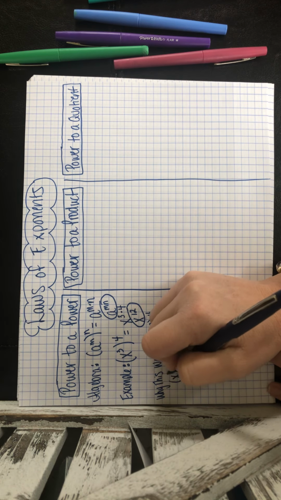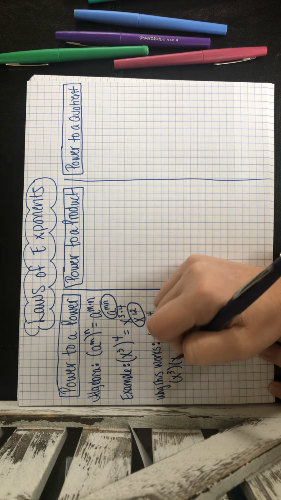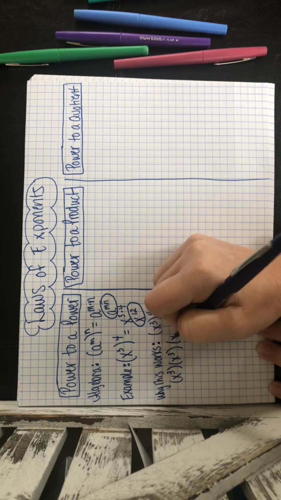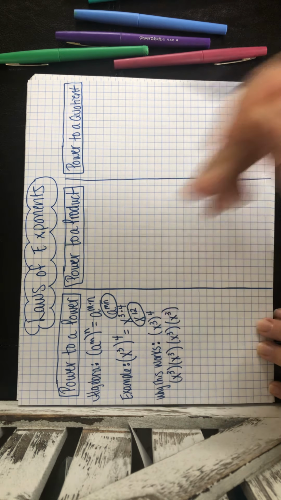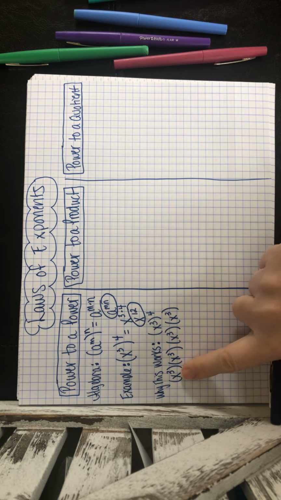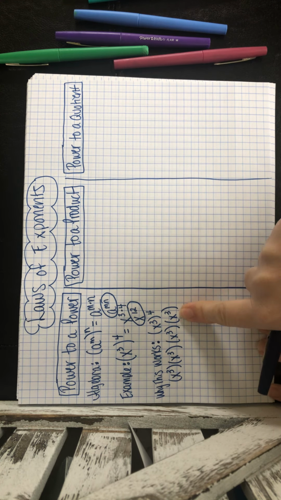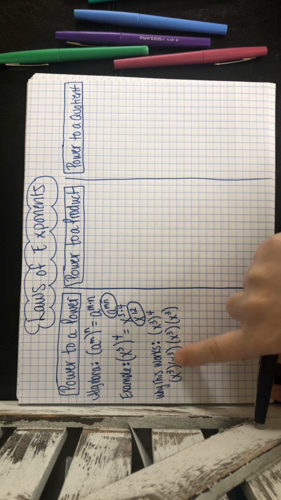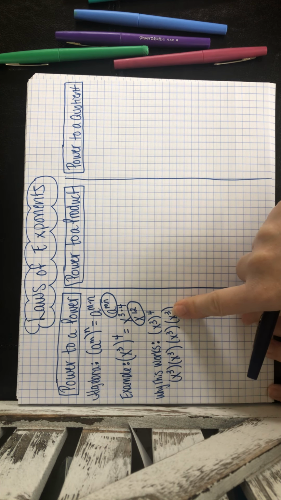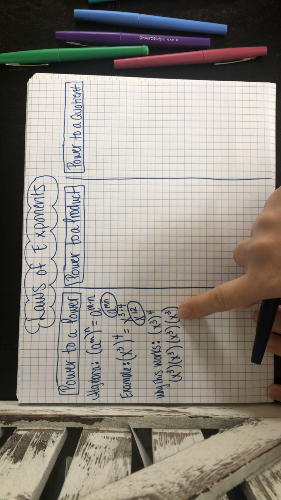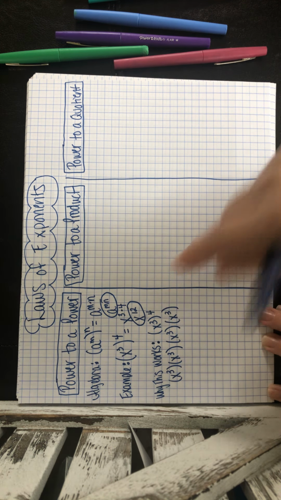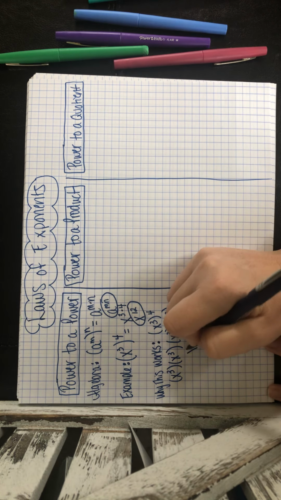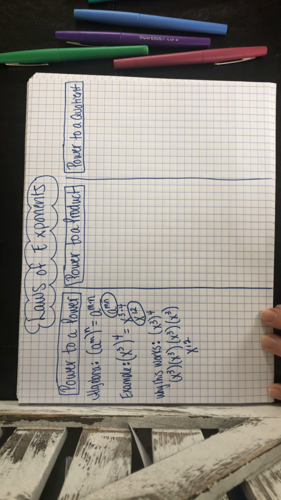So we have x to the third times x to the third times x to the third times x to the third. So remember, when you're multiplying same bases, you add your exponents together. So that's why we end up getting x to the 3, 6, 9, 12. That's where we get the x to the 12th from. So that's why that works.